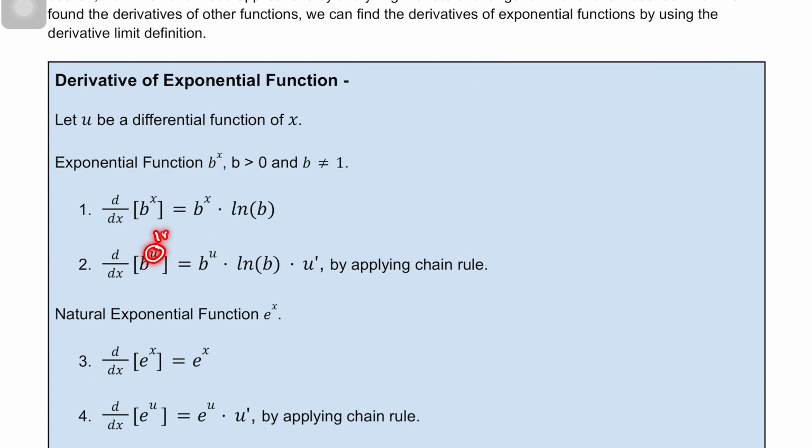I mean, it's an exponent, but it's the inside part of the function, and we're going to consider b the outside. What I'm trying to guide you toward is applying the chain rule. When we take the derivative of a function that has an inside and an outside, we have to do the chain rule.